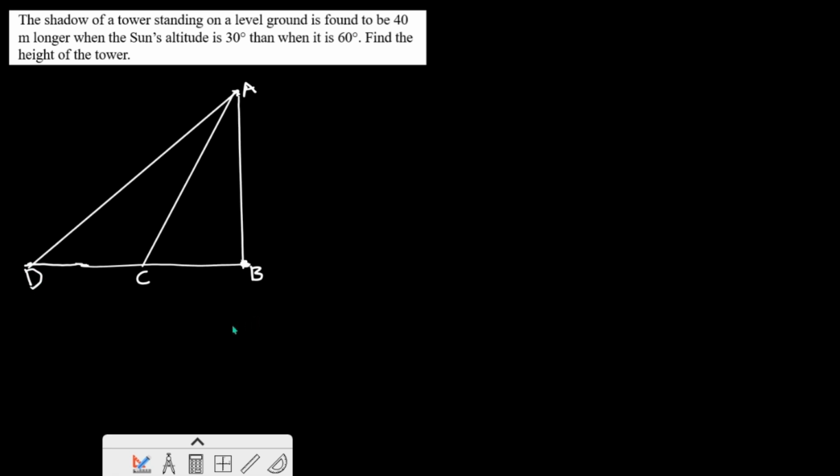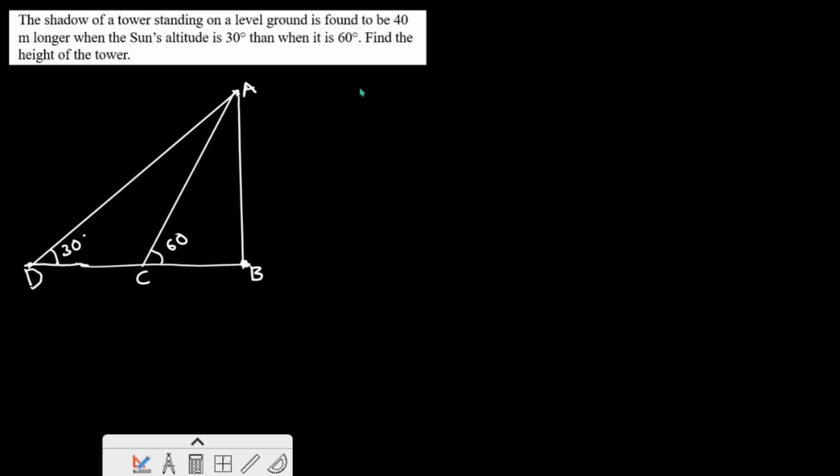Now we have drawn the shadow of the sun. When the sun is on this side, we see the shadow. So when it is 60 degrees, and when it is 30 degrees, now we have drawn the diagram as per the problem.